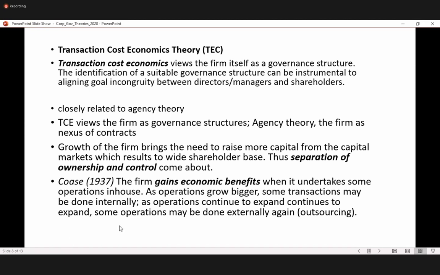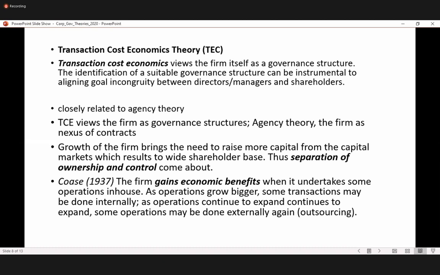So what happens? The people who promote this theory explain that the growth of the firm brings the need to raise more capital from the capital markets, and this results in a wider shareholder base.